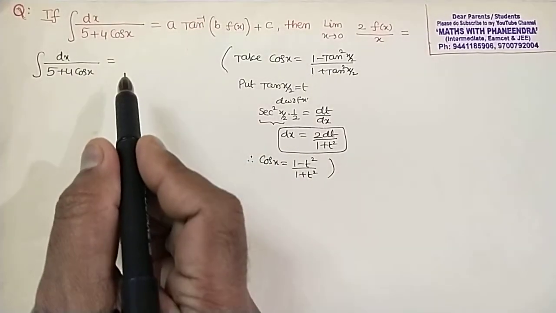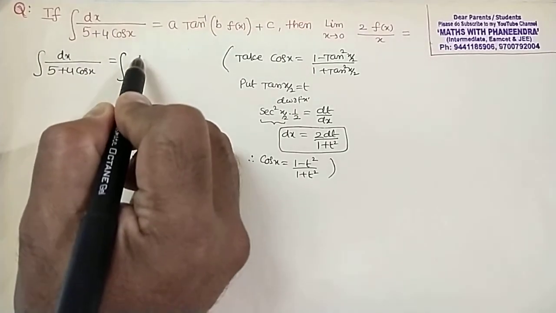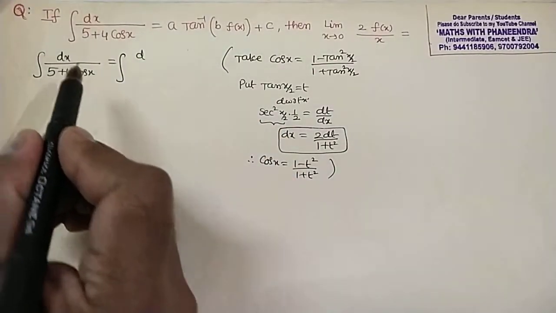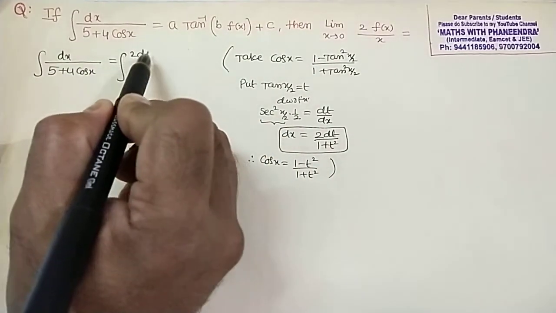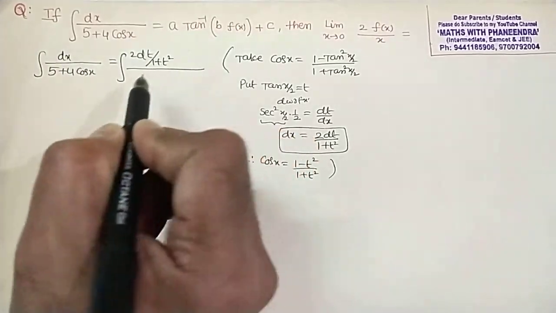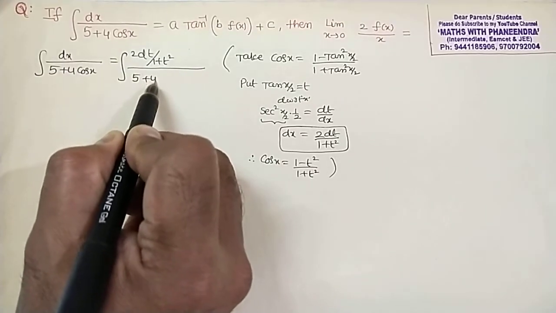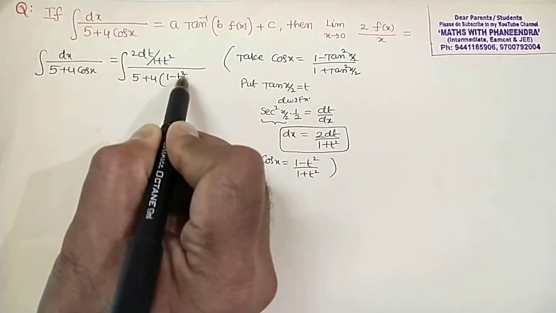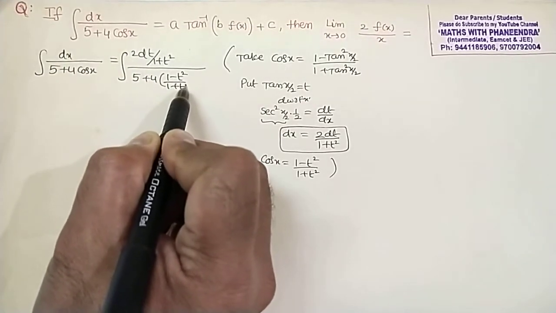This value you have to substitute in the given integral, and in place of dx, it becomes 2 dt by 1 plus t square whole divided by 5 plus 4 into 1 minus t square by 1 plus t square.